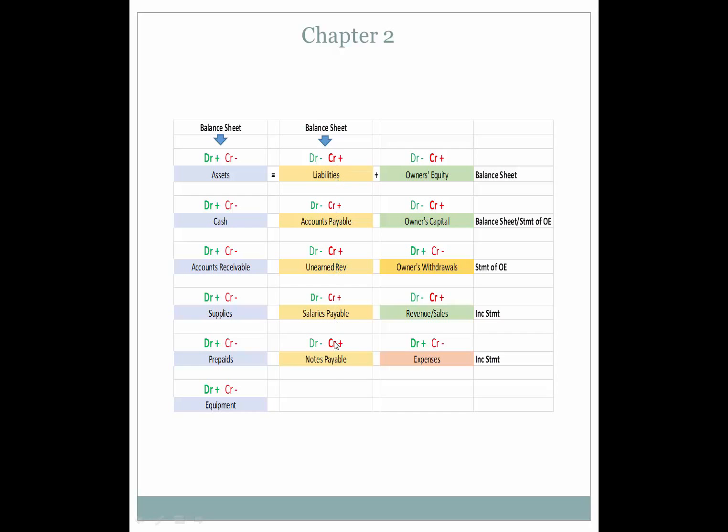These are all increasing with the credit, the same as what we described earlier for Chapter 1 for the owner's equity accounts. So they primarily increase with the credit. So owner's capital increases with the credit. Owner's withdrawals increase with the debit. Revenue and sales increase with the credit, and expenses increase with the debit.